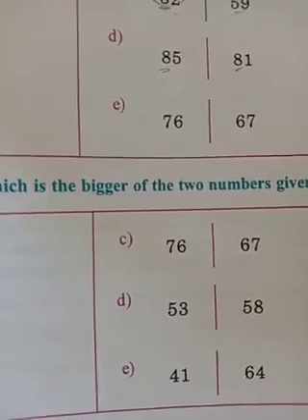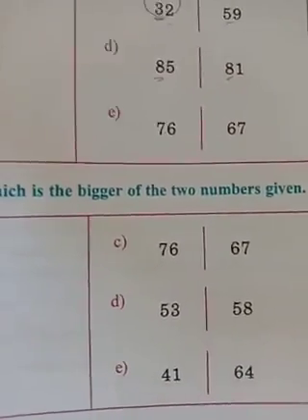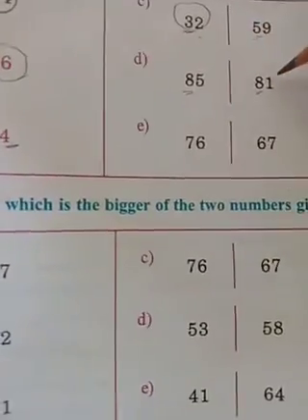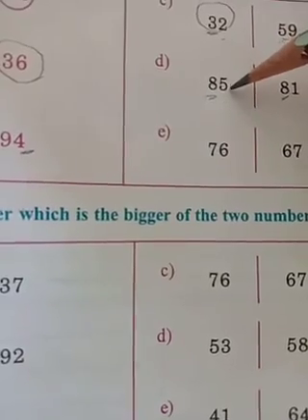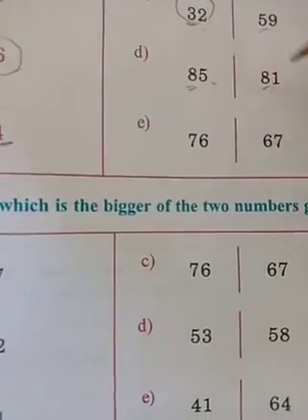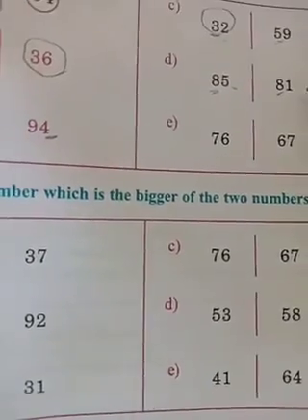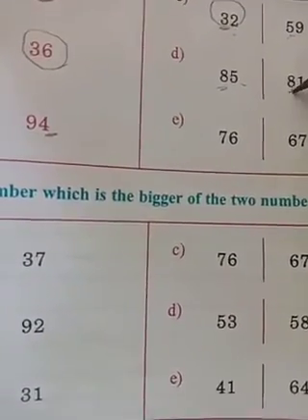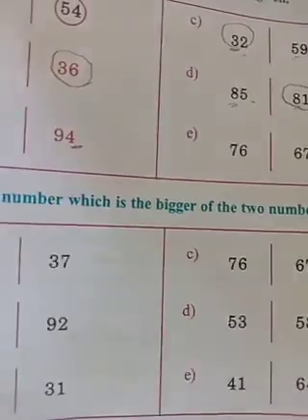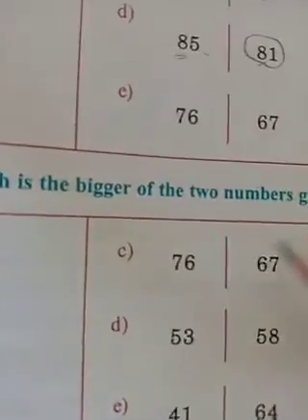You check the ones place number, children. So ones place here 5, here 1. Which one is small in these two numbers? So 1 is the small number. So 81 is the smaller. Are you understand?